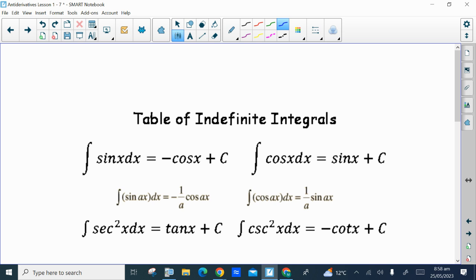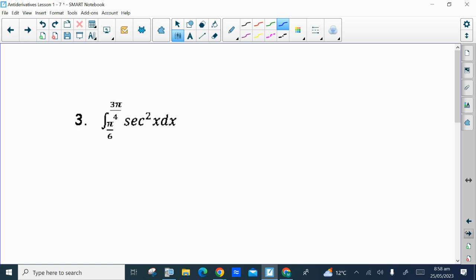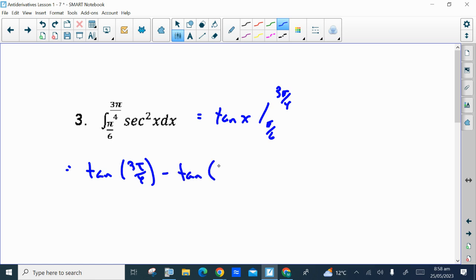So this will be found by taking the tan of x between pi on 6 and 3 pi on 4. That'll be the tan of 3 pi on 4 minus the tan of pi on 6.